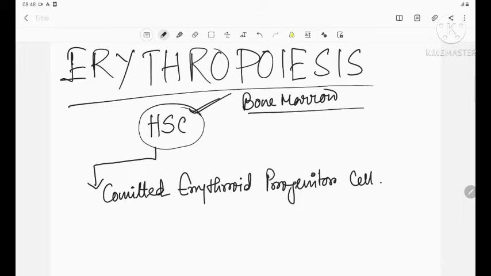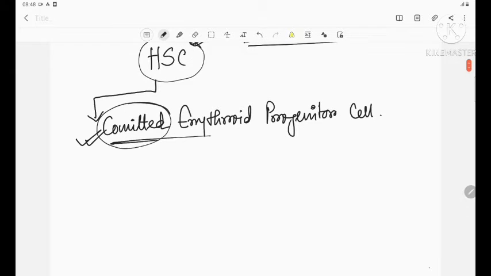Okay, this cell is committed, they are engaged to form RBC. They are not going to form other types of cell, they are only committed to form erythroid series cells.